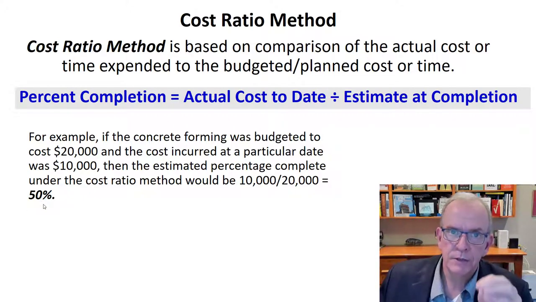So you see the difference there? It's a substantial difference. So this is, in this case, looking at the change that you have in your cost, and now what percent of that change have you got completed.